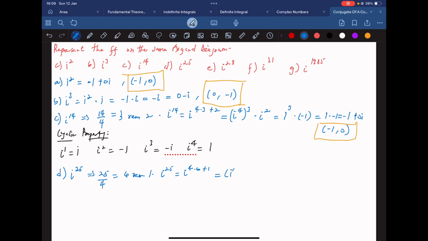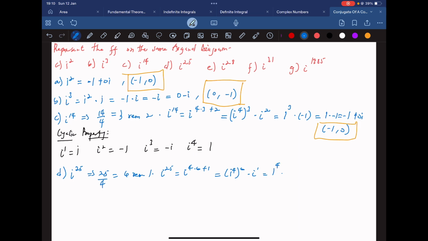That is i⁴, then the 6 outside, times i¹. i⁴ is 1, then to the exponent of 6, multiplying i. 1 raised to the power of 6 is 1. Multiply that by i, you get just i, which is the same as 0 plus i, right? So the coordinate form is (0, 1).